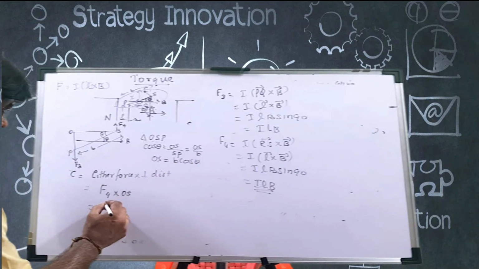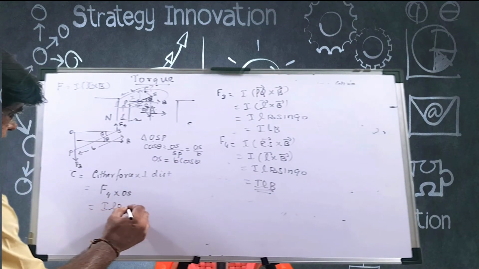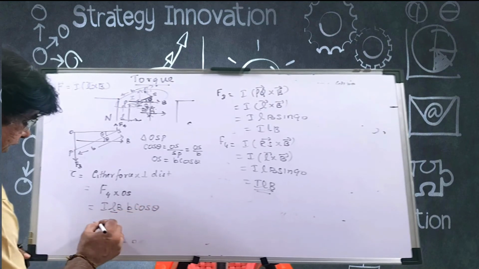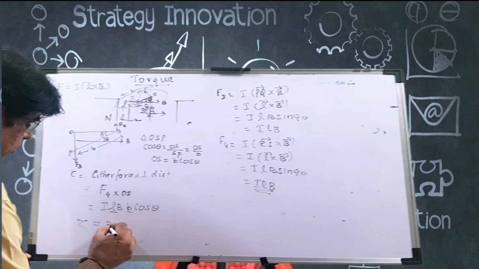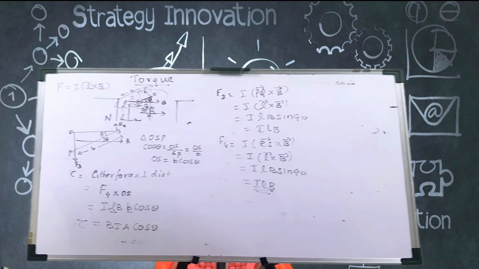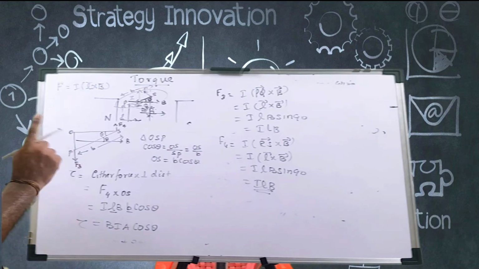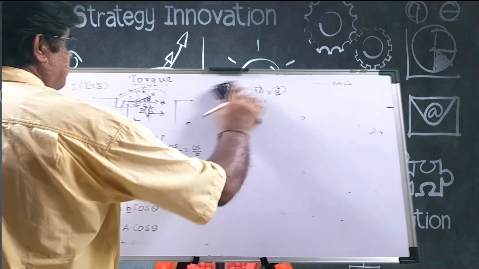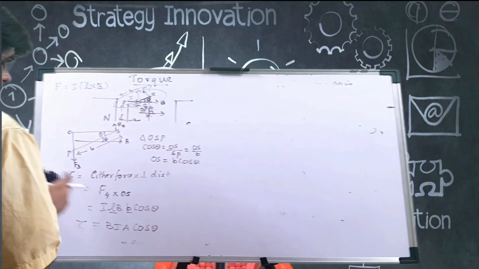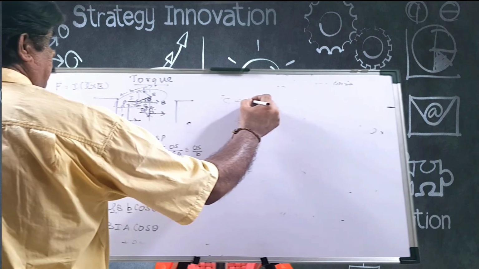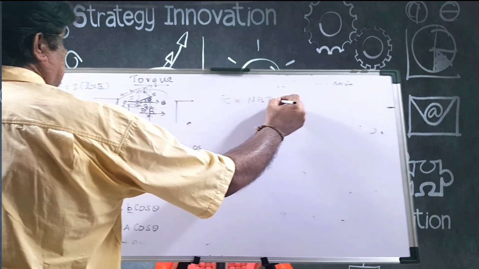So this is going to be ILB, which is your F4, and this is your b cos theta. So clearly length into breadth is called area. So torque for a coil rotating in a magnetic field is BIA cos theta. This is for one turn. If there are n turns now, the formula will be torque equals NBIA cos theta.